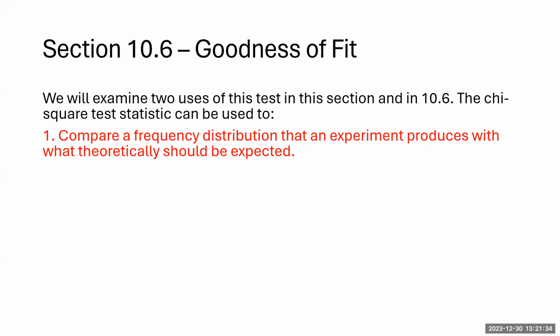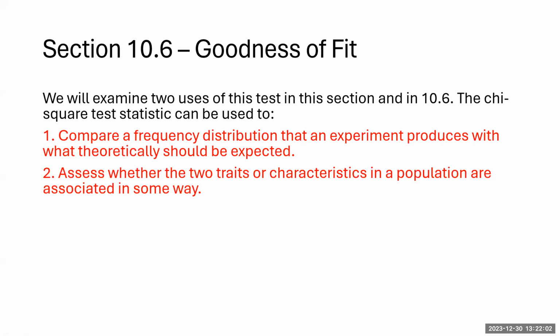Now, there are two cases that we consider with the chi-square test for goodness of fit. And the first is to compare a frequency distribution that you have familiarity with from chapter 2 that an experiment produces with what theoretically should be expected. So the frequency distribution would be considered what we call observed values. So what is it that we observe? How well does that fit with theory? Theory is what should be happening. So how well do the two match?